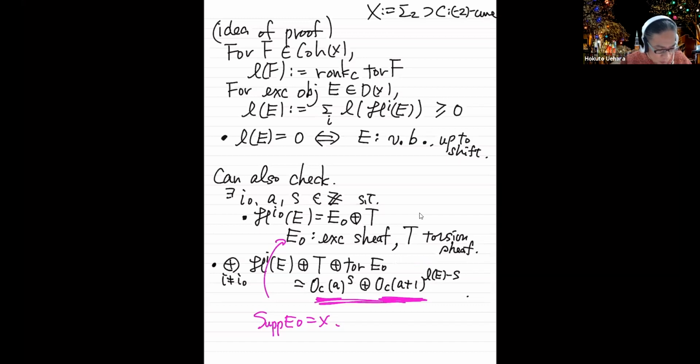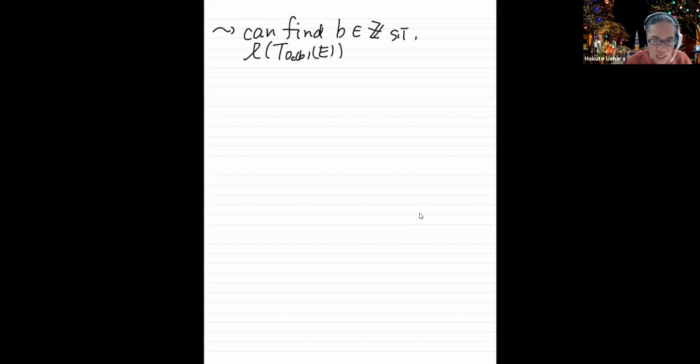And by this observation, we can find an integer b such that the length of OCB E is smaller than the length of E.